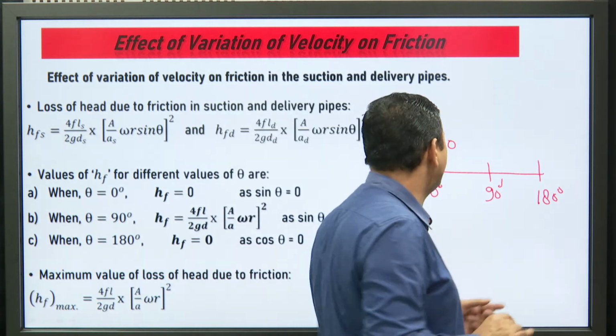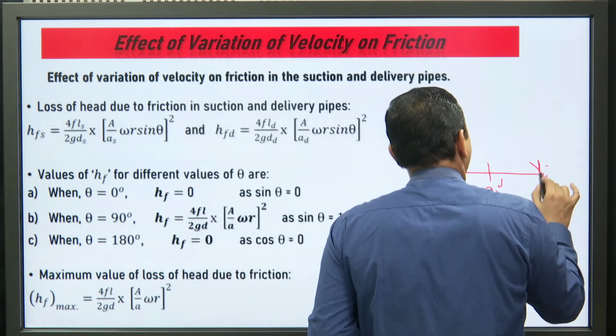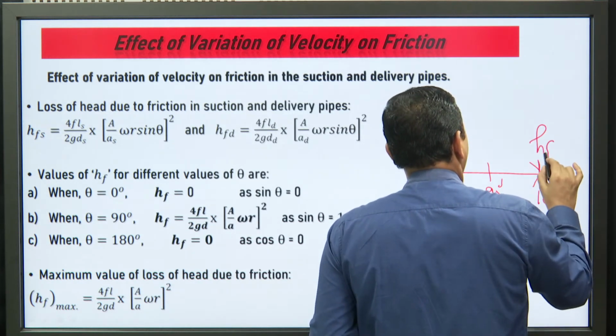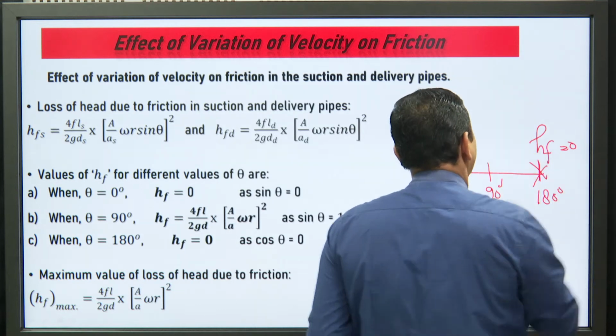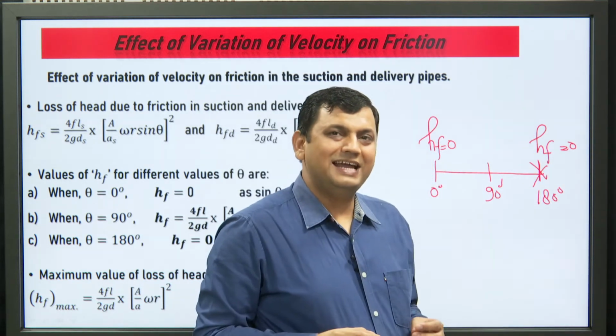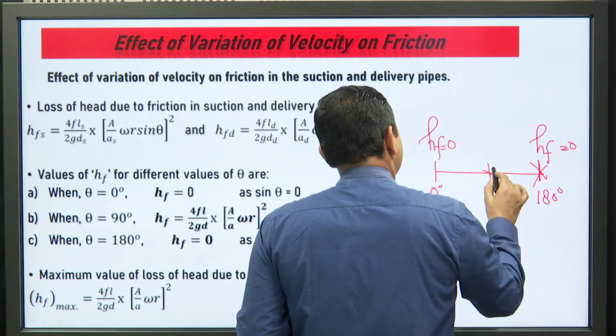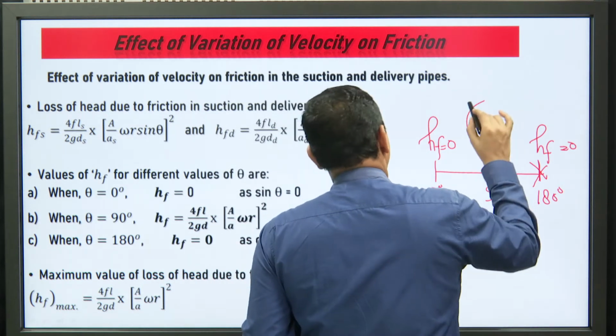At the end of stroke, sin 180 is 0, so there is no effect, and sin 90 is 1. So this effect at this point, what is this value?